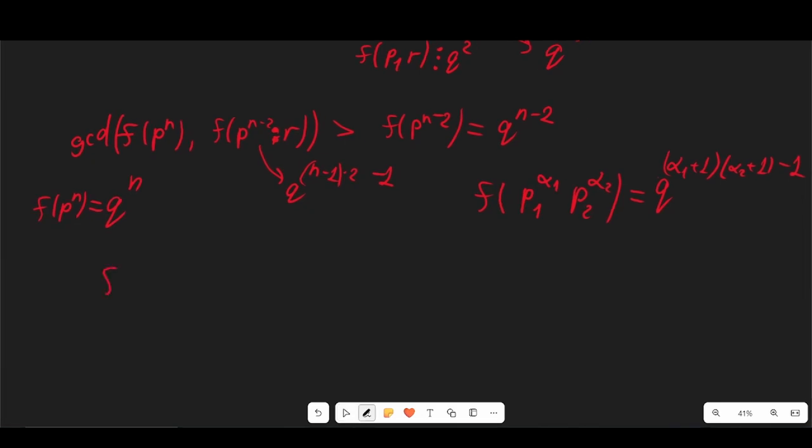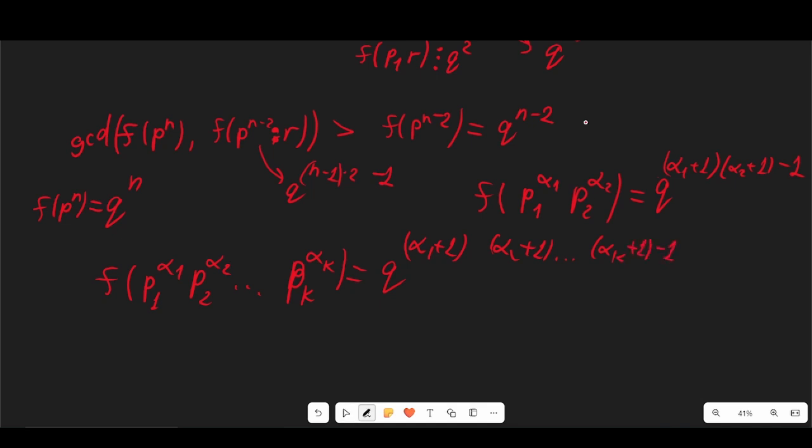So let's just take f of p1 to the alpha 1, p2 to the alpha 2, up to pk to the alpha k. This would be q to the (alpha 1 plus 1) times (alpha 2 plus 1) up to (alpha k plus 1) minus 1.